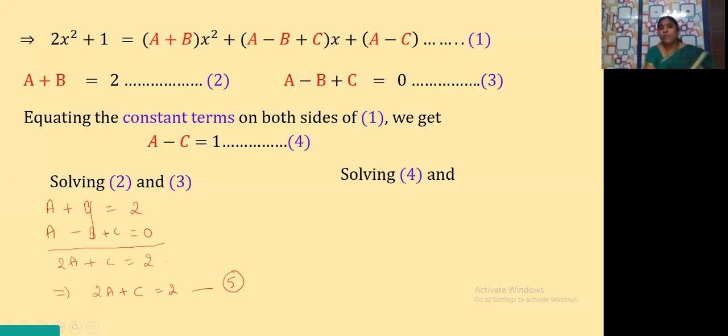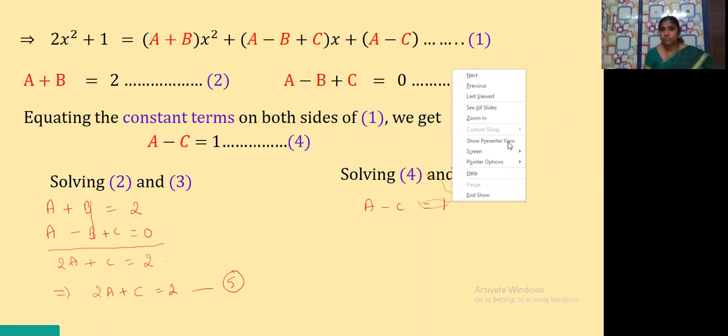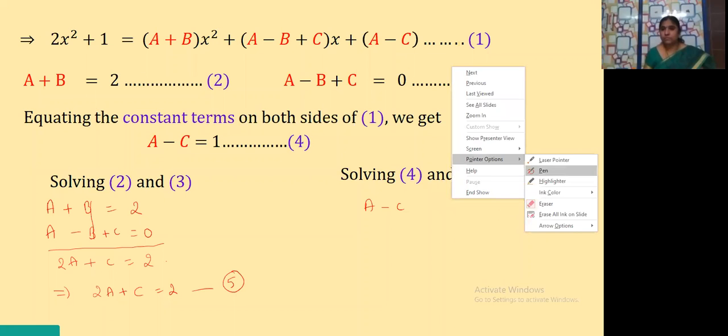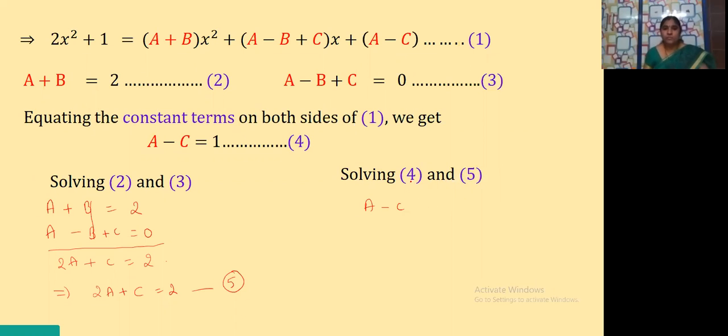Next, what are you going to do? Solving equation number 4 and equation number 5. What is equation number 4, children? a minus c is equal to 1.